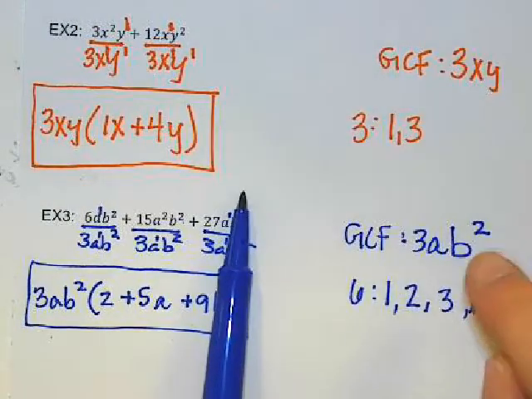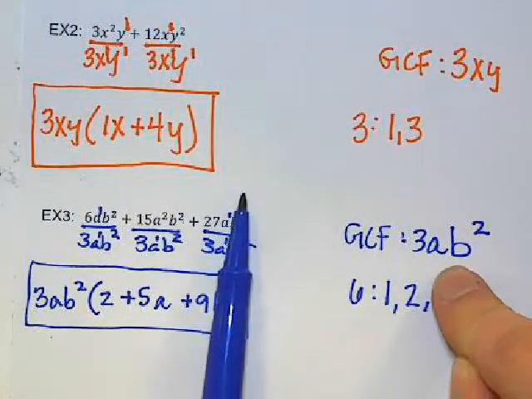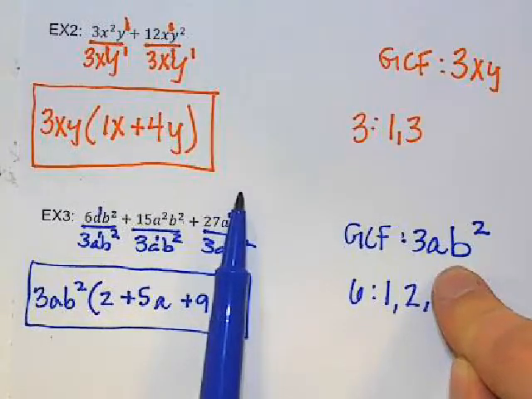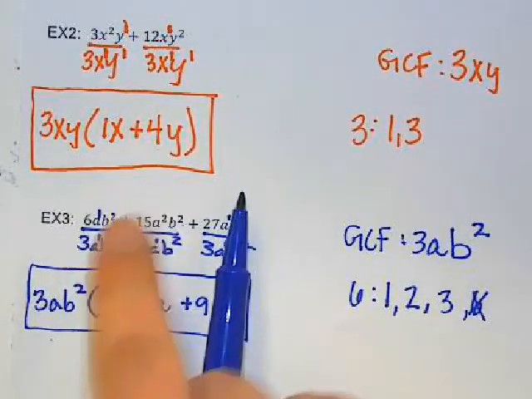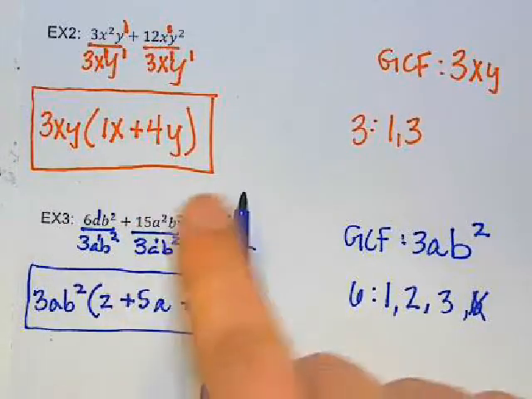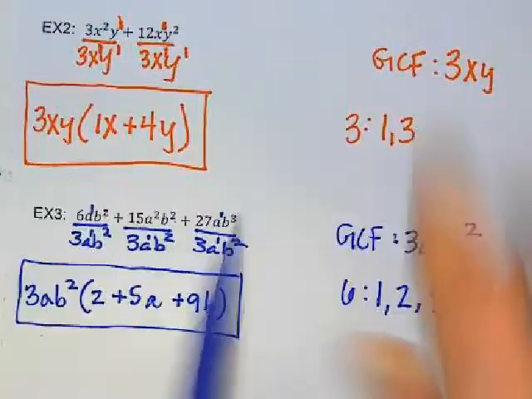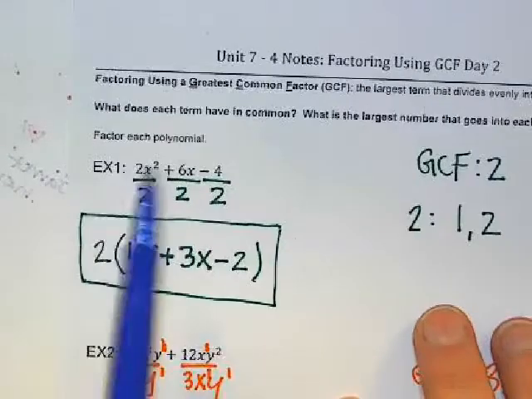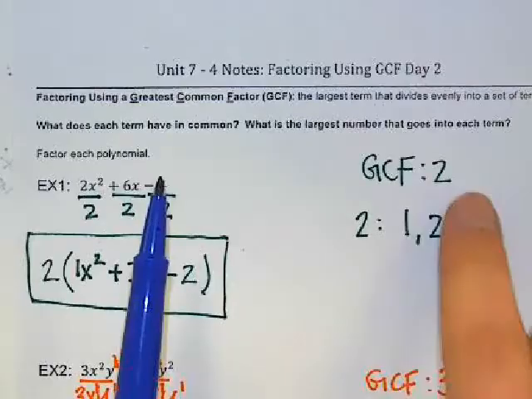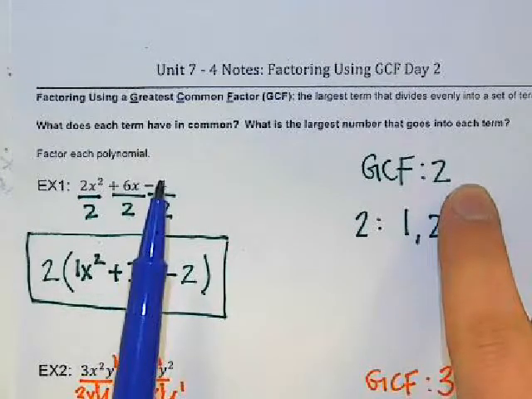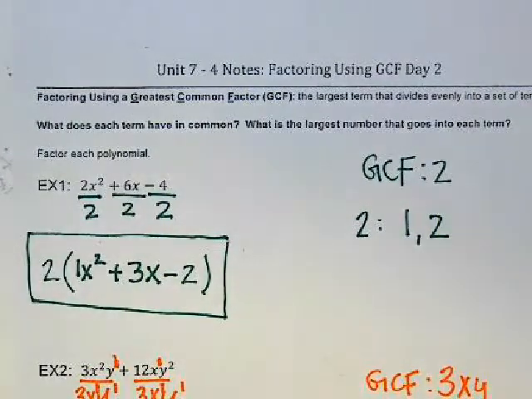Would B be a part of my GCF? No. Okay, so just because there's a B in the problem, they all have to have it in common in order for it to be a GCF. Just like this. Did they all have X? No. So is X part of my GCF? No. There's going to be a problem on the practice where it's got a lot of letters in there, but if they don't all have the same letter, it can't be part of the GCF. That makes sense? Are you with me?